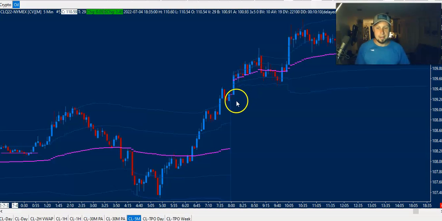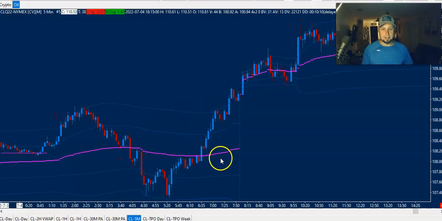So let's go ahead and get into it a little bit. What you're seeing here is essentially the end of the previous day, right? So this would be the established value price of the day, and a lot of times this will be similar to the volume profile. The volume profile is going to have a point of control where most of the volume was traded for that day, and a lot of times these prices will be very similar, right?